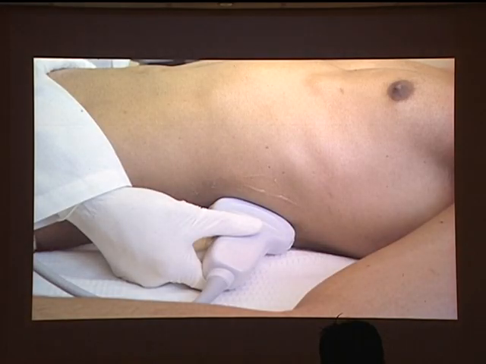The left kidney is more posterior and superior than the right side, so the approach is the same. But remember, maybe you have to place the transducer on the posterior axillary line and more superior. You can ask the patient to hold their breath in maximal inspiration to move the left kidney down and decrease the rib shadow.